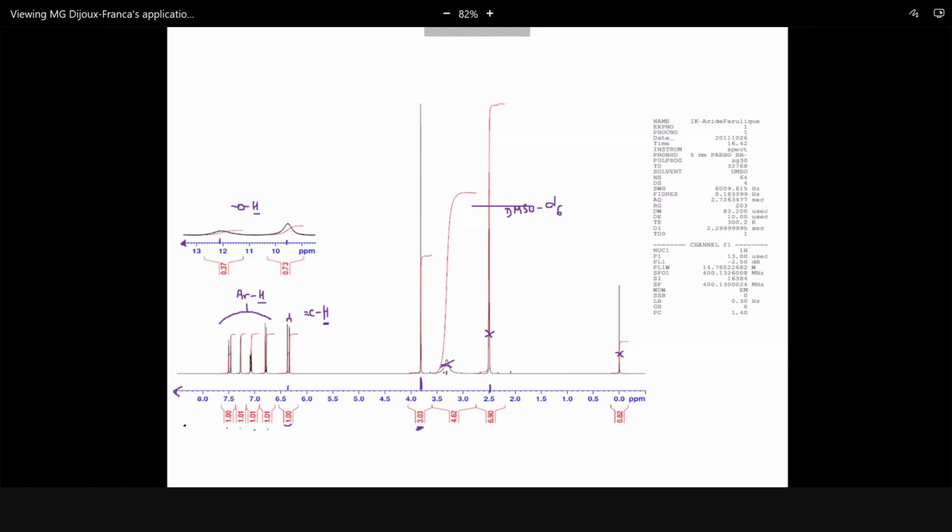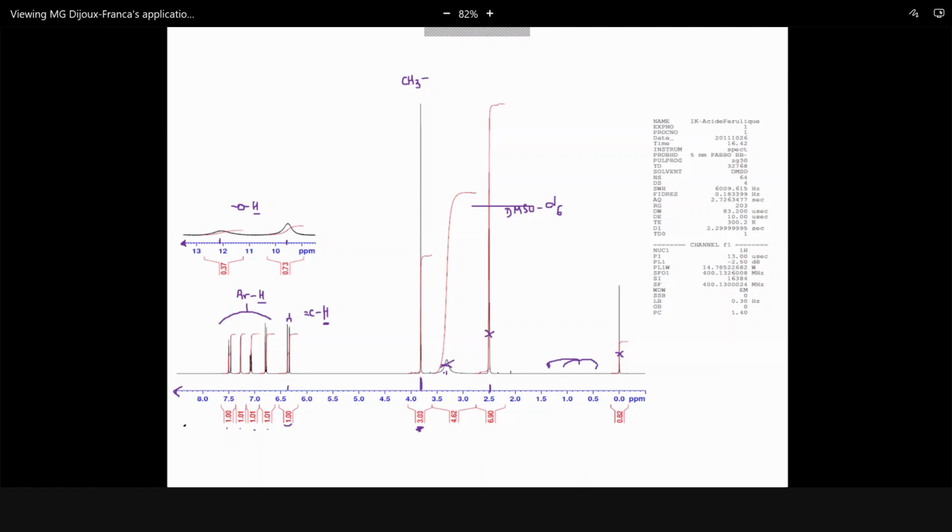And here I have 3 protons. So this might be a CH3 group. But remember, we used to say that in aliphatic, methyl group is around here, depending on the position in the molecule.